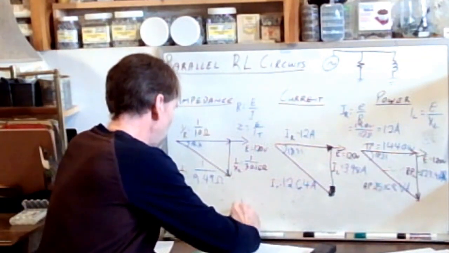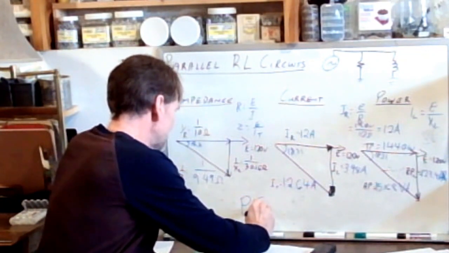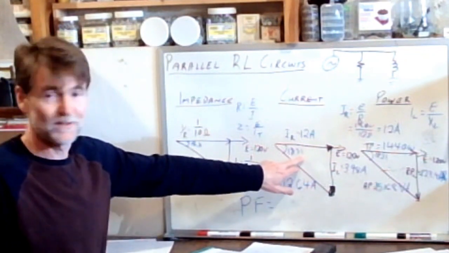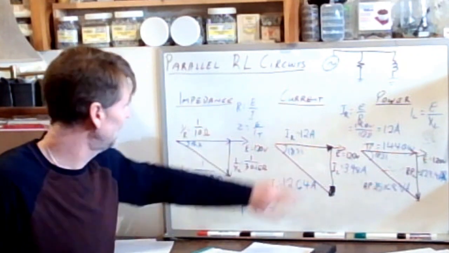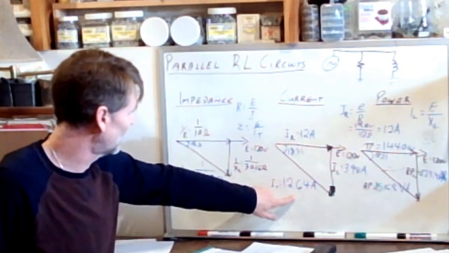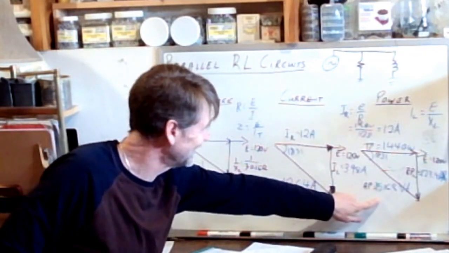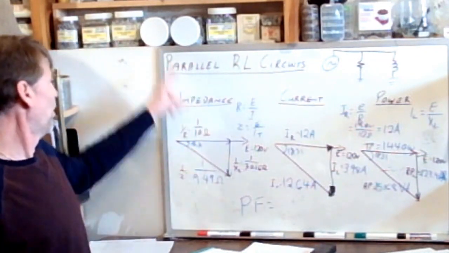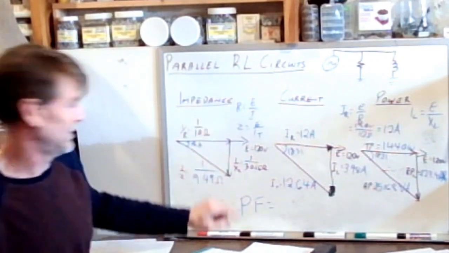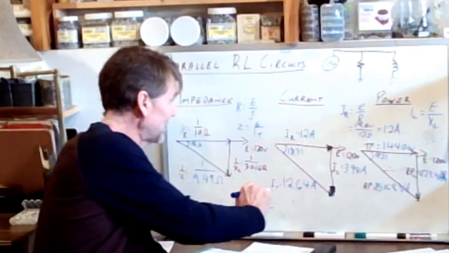And finally, what is the power factor of our circuit? Well, it is the cos of 18.31 degrees, or it is 12 divided by 12.64, or it's 1440 divided by 1516.8. Power factor is going to be a pretty high number.